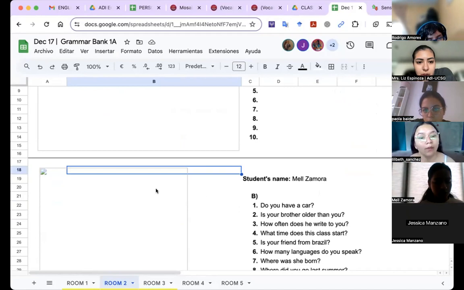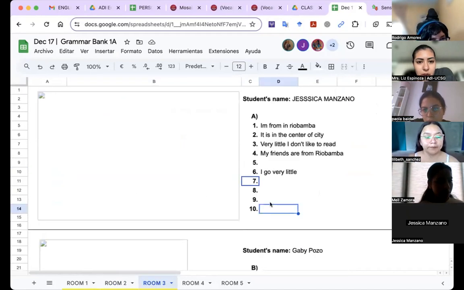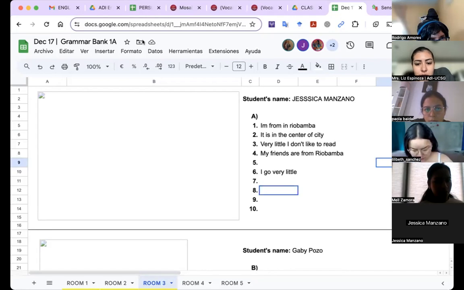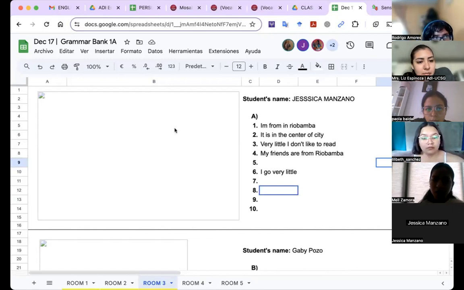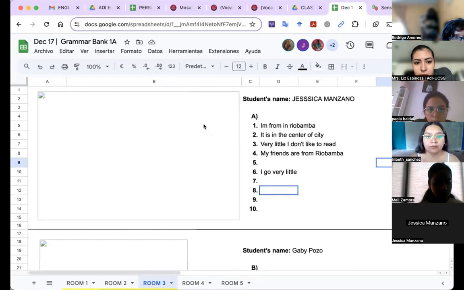Okay, room 3. Here says Jessica and Gabby. It says iPhone de Cristina. Who is iPhone de Cristina? Hola, Miss. Buen día. Hi.